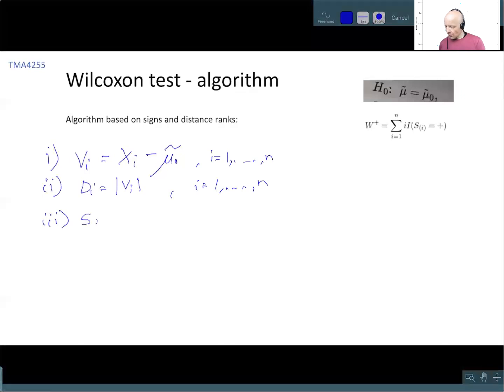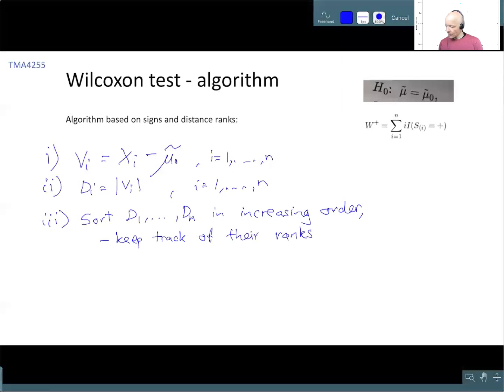So here we sort these D1 up to Dn in increasing order. And in doing so, we keep track of their ranks. And the ranks go from smallest to larger.